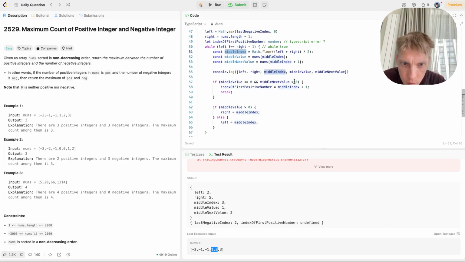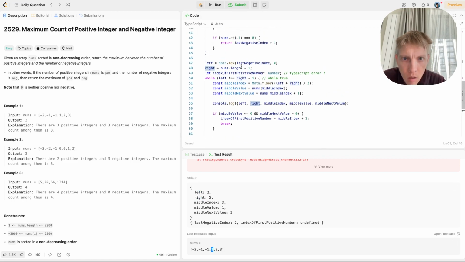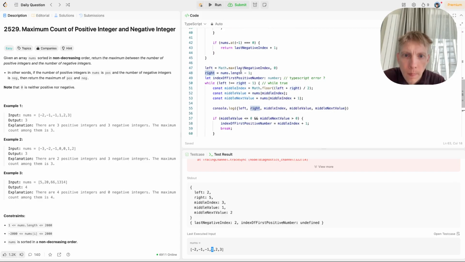It doesn't satisfy this condition. If middle value is bigger than 0, then right would be middle index, right would be 3, which is okay. But after that, this condition is not working. Yes.